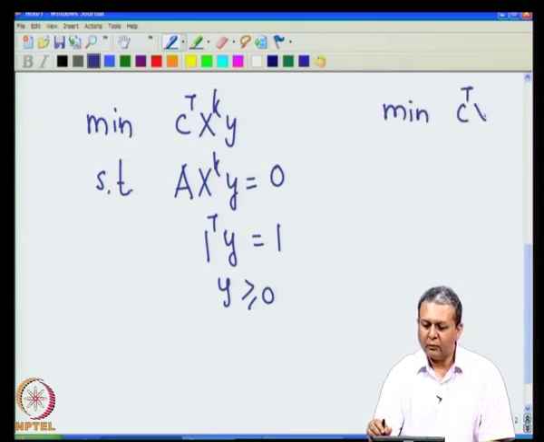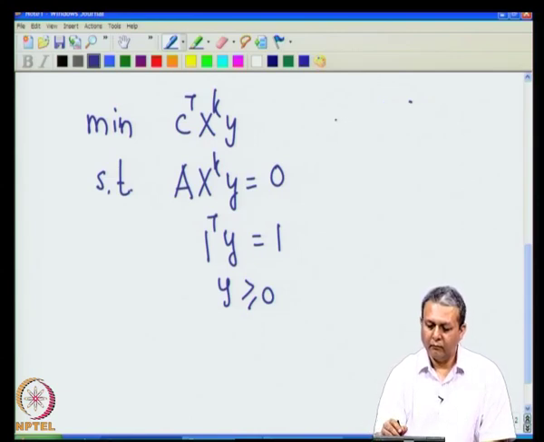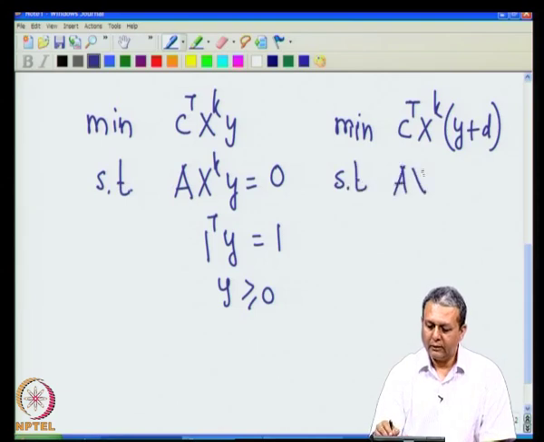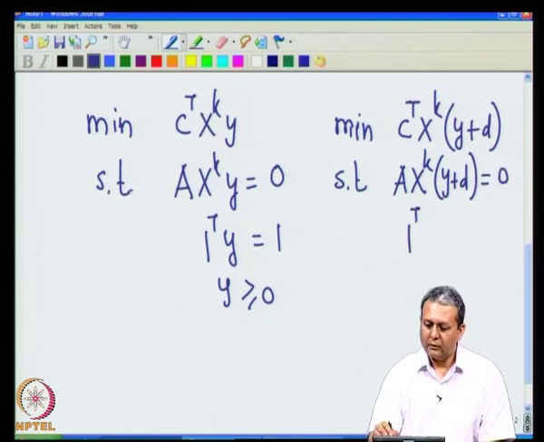So, it will be minimize C transpose xk (y plus d) subject to A xk (y plus d) equal to 0, 1 transpose (y plus d) equal to 1 and y plus d greater than or equal to 0.